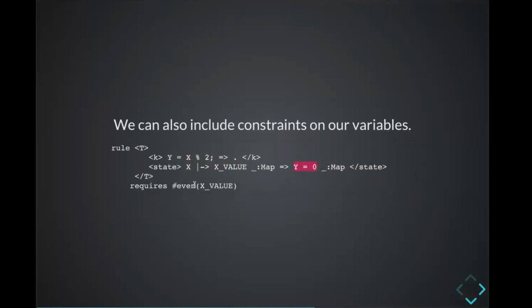The reason for that is we will assume that x value is even. The point I'm trying to make here is that we would also have to have another specification for odd x's, because every single specification tests one case of a function.